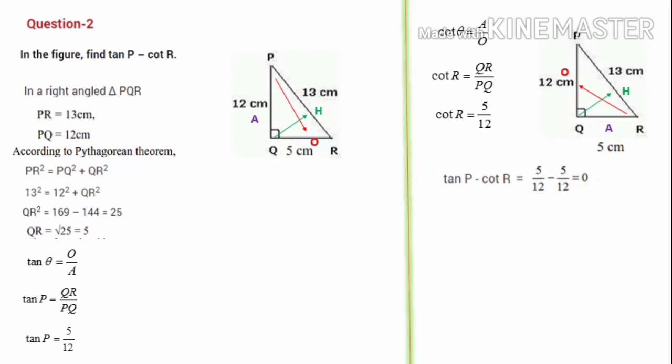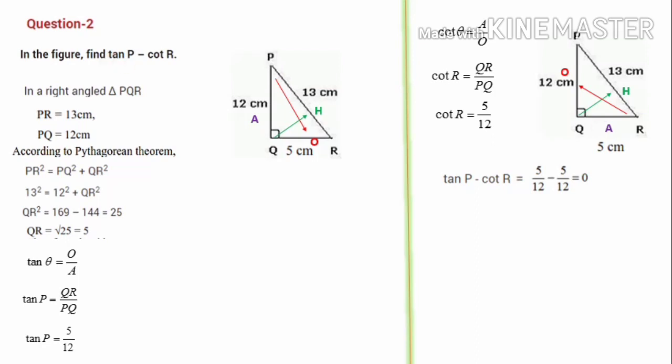Here one thing we have to note. Either you have to label all parts in one triangle, even based on P we can write O and A, and in the same diagram based on R also we can label O and A. If it is confusing like this in the same diagram, we can draw a separate diagram for each calculation.